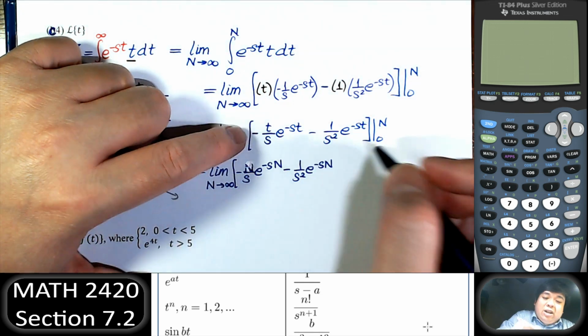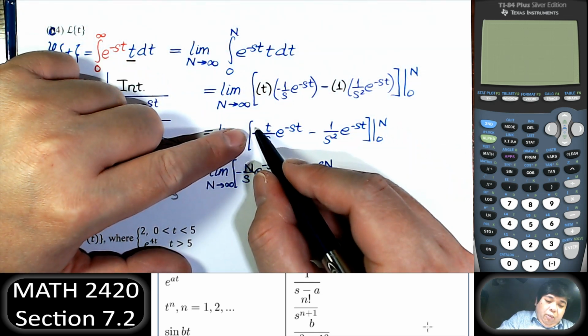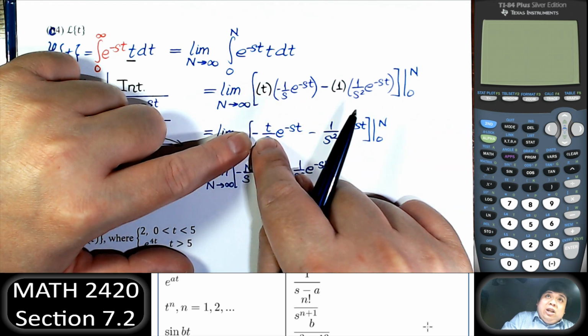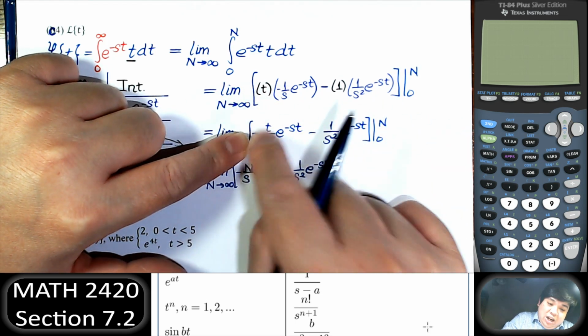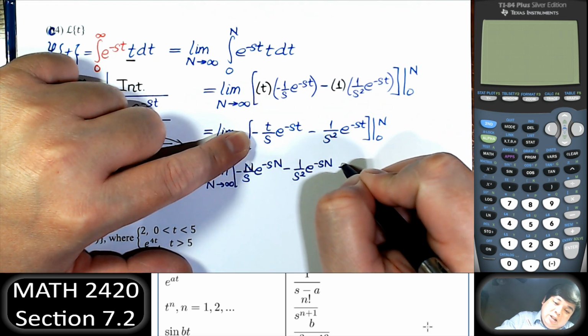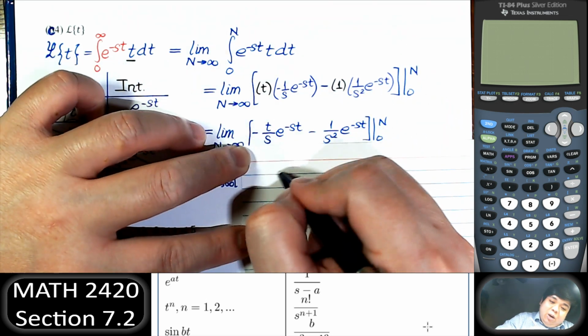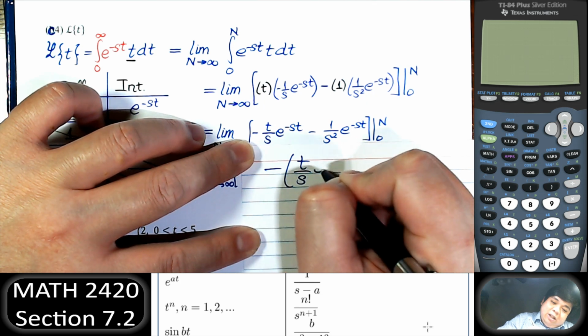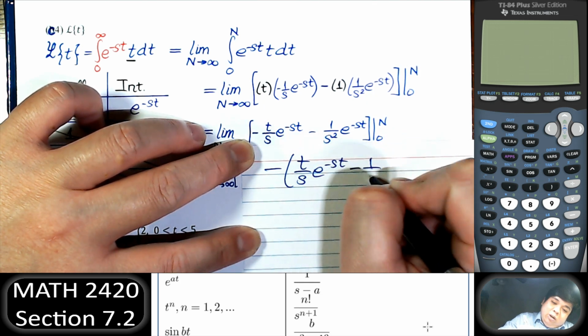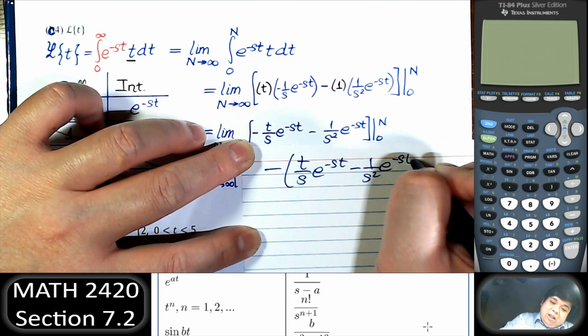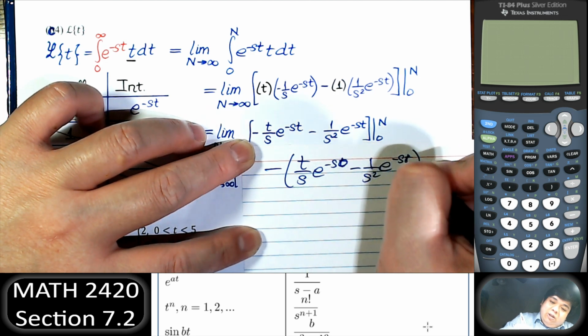And then we subtract. When we put in the lower limit, we subtract the negative, which turns into a plus, right? We subtract t over s e to negative st, and 1 over s squared e to negative st, where we put in 0.